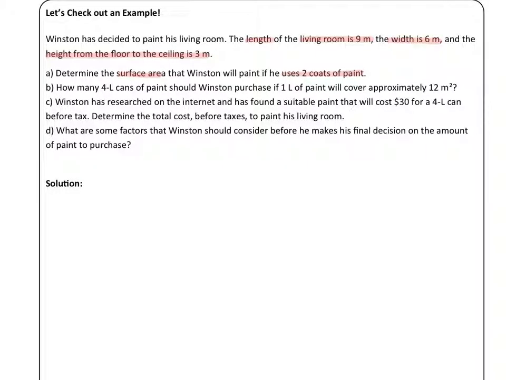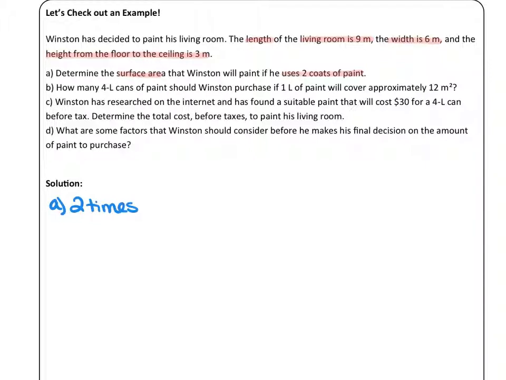So the first thing I'm going to do is solve for our surface area. Because we're using 2 coats of paint, I'm going to solve the surface area and then I'm going to times it by 2, because we need those 2 coats. Now, the other thing you have to think about is when you're thinking about painting, what is it that you're going to paint in terms of the walls in the living room?